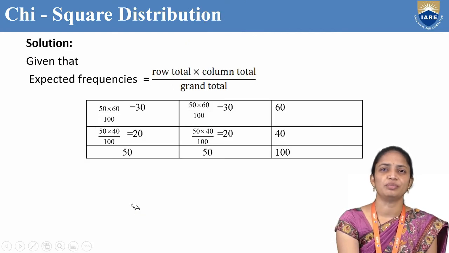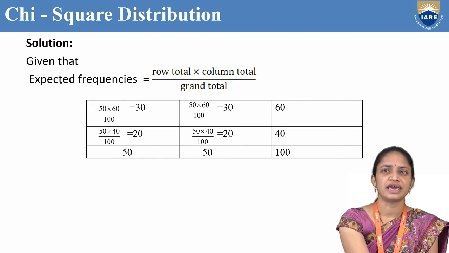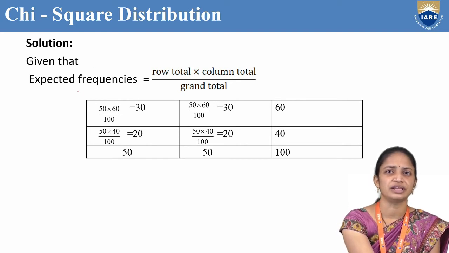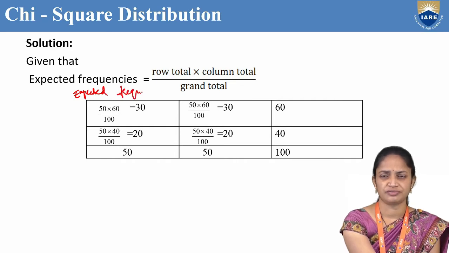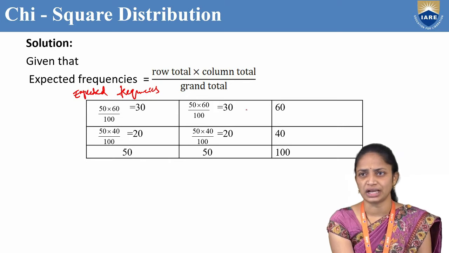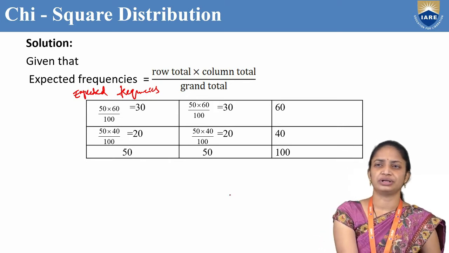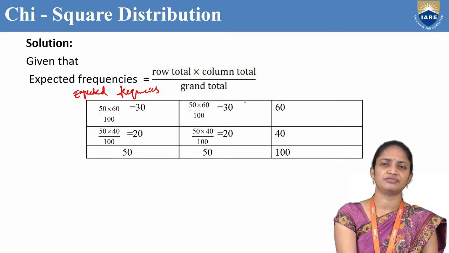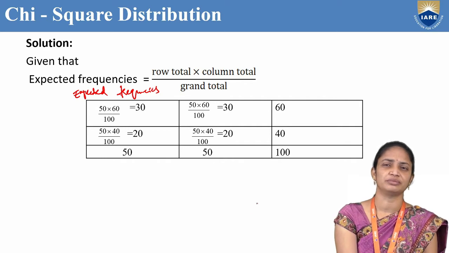Now coming to the problem, we need to find the expected frequencies by using row total into column total divided by grand total. This is the formula for expected frequencies in the third method.